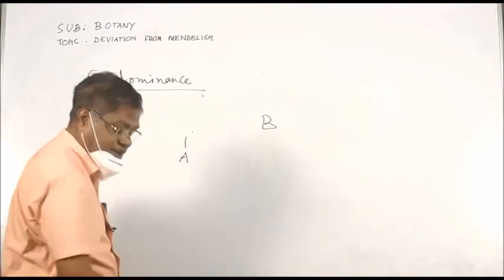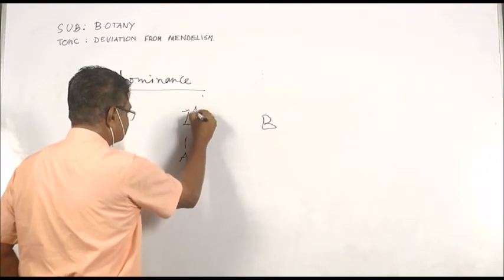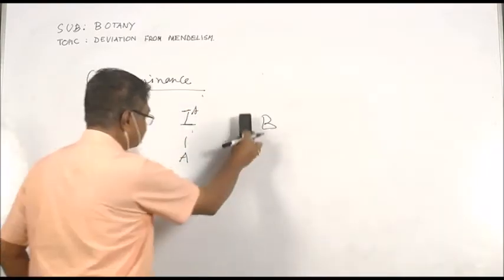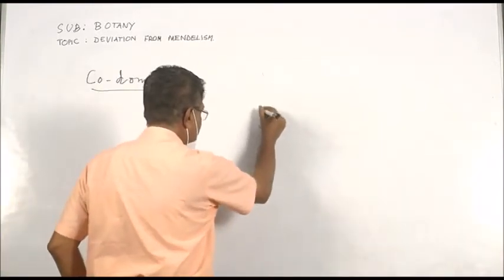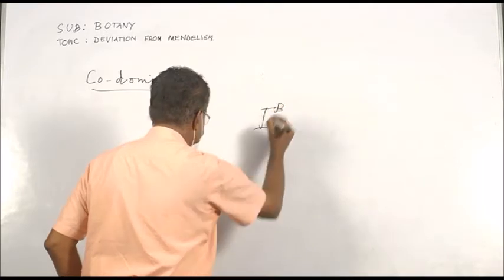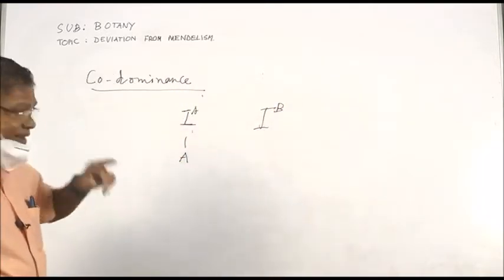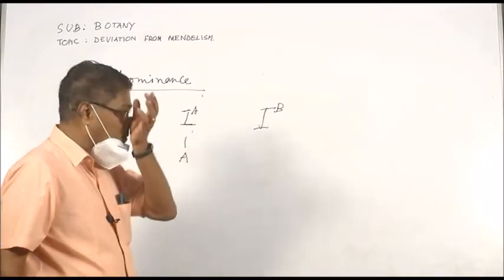The gene, let us make IA. I will tell you what is I in a minute. Now B, let us make it IB. Before going further, let me tell you that I stands for immunoglobulin.